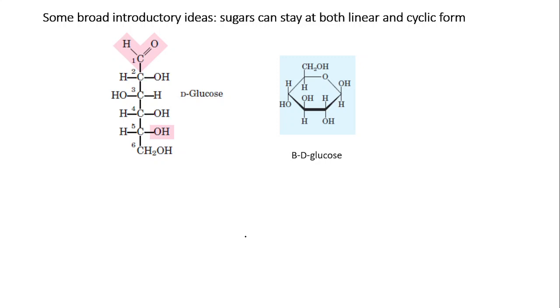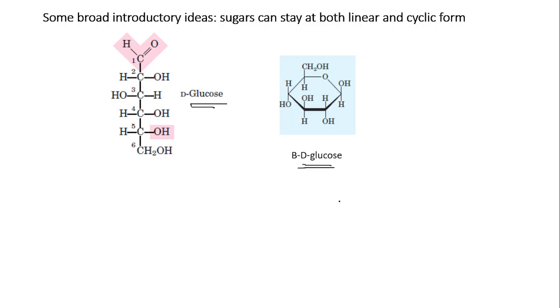Some broad introductory ideas that we want to first learn before we jump into the sugar chemistry is that sugars or carbohydrates can stay in both linear and cyclic form. For example, this is D-glucose. This is the linear form of D-glucose, and this is the cyclic form of D-glucose.